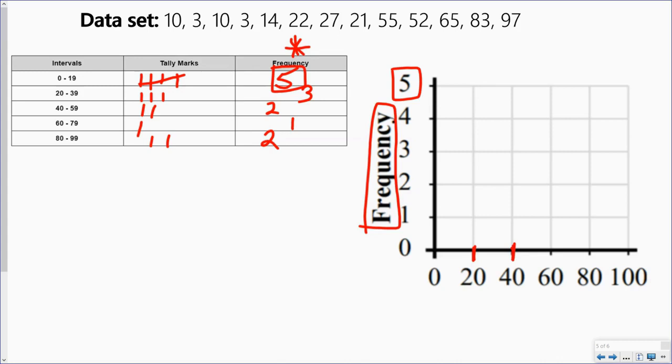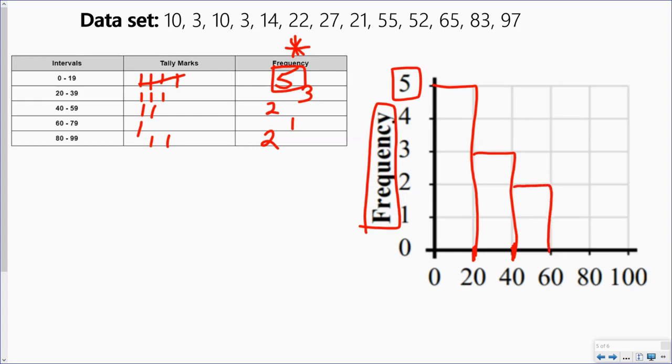So when I make my histogram, my first range has a frequency of 5. So I'm going to draw my bin. My next range has a frequency of 3. I'm going to go to here to 3 and draw my bin. My next range of 40 to 59 has a frequency of 2.